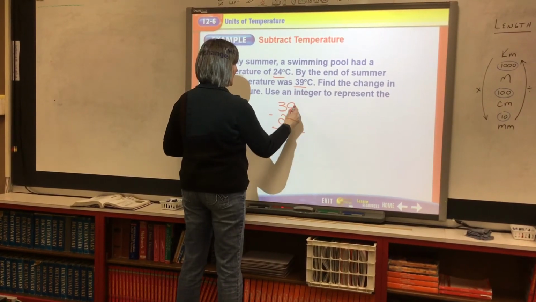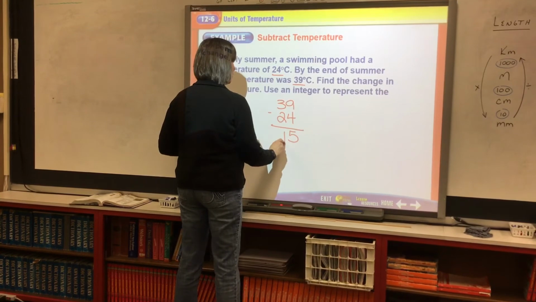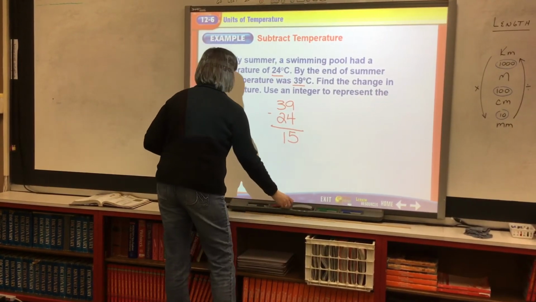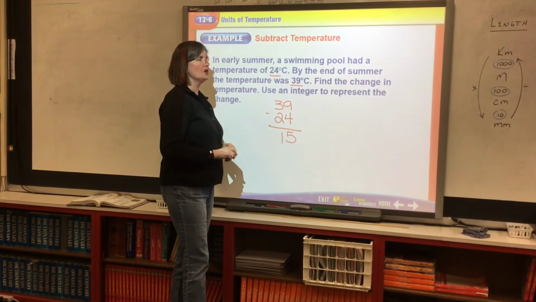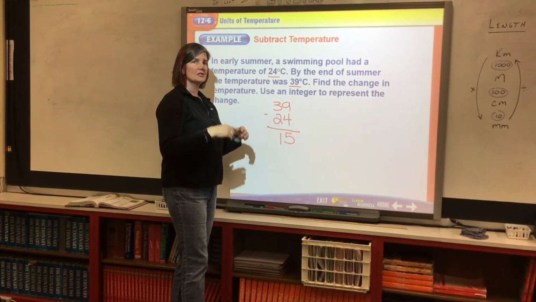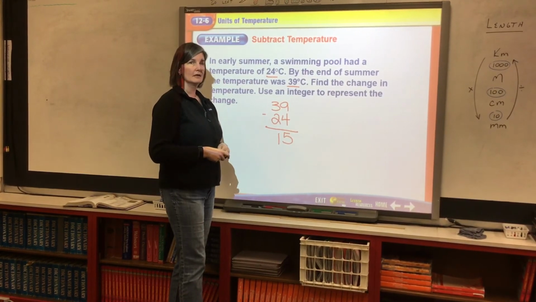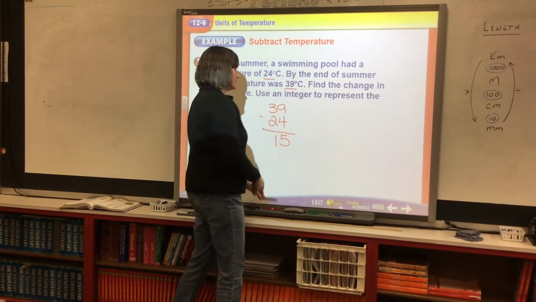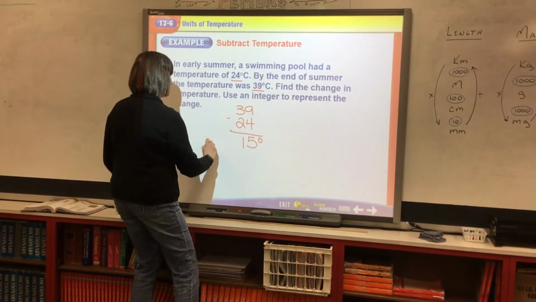And so 9 minus 4 is 5, and 3 minus 2 is 1. All right, so now we started at 24 and we went up to 39. Did our temperature increase or did our temperature decrease? Increase. Okay, our temperature increased. All right, it increased by 15 degrees.